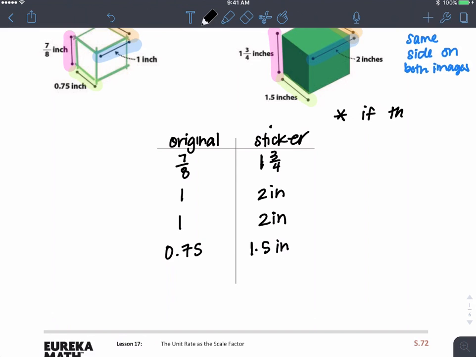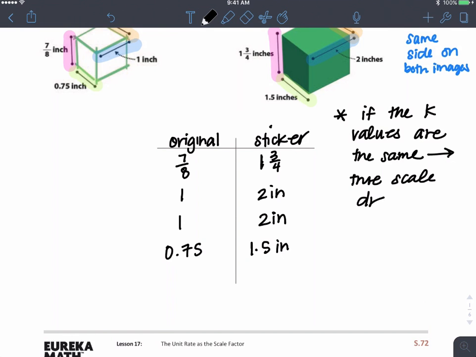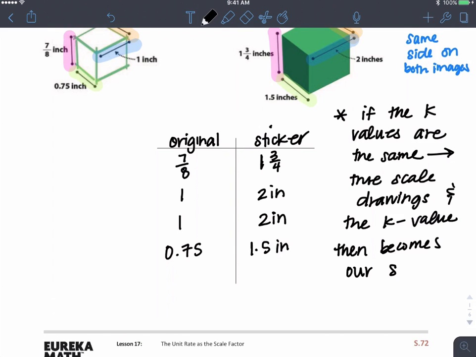If the k values are the same, we not only have a proportional relationship, but we also have true scale drawings. And the k value then becomes our scale factor.